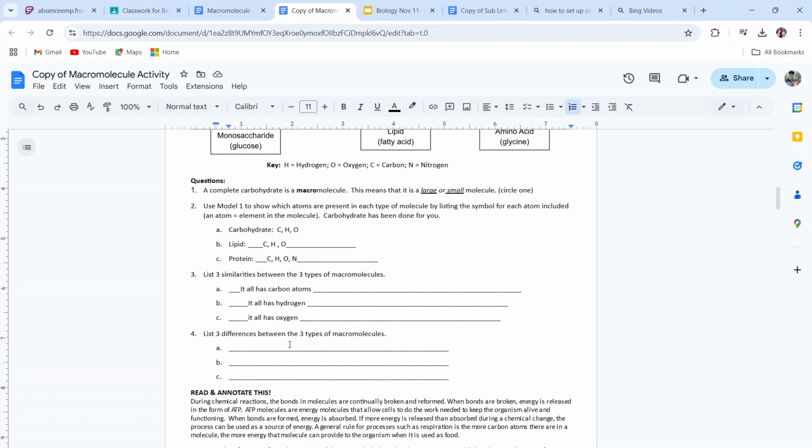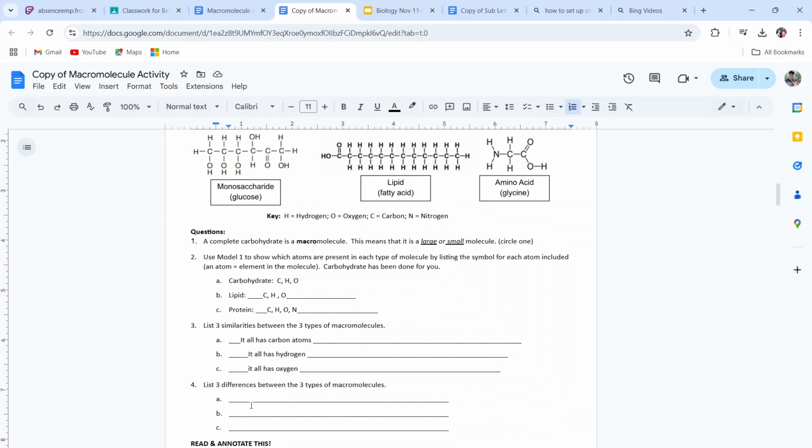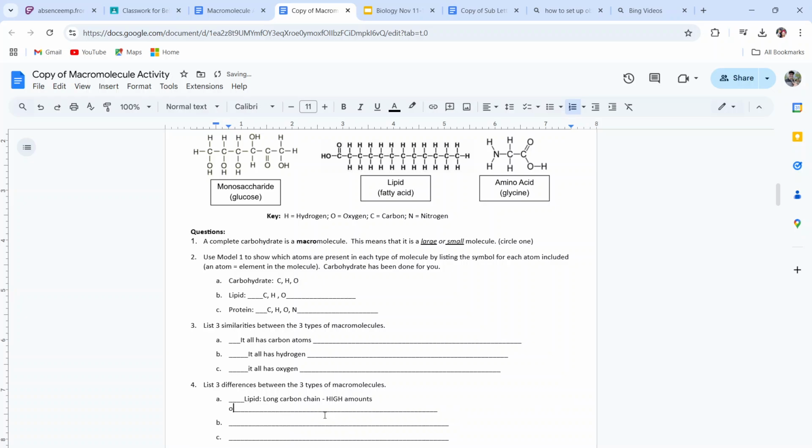Okay. Now, for some differences that we can note, we see for the lipid specifically, it is a very long carbon chain that contains high amounts of energy.